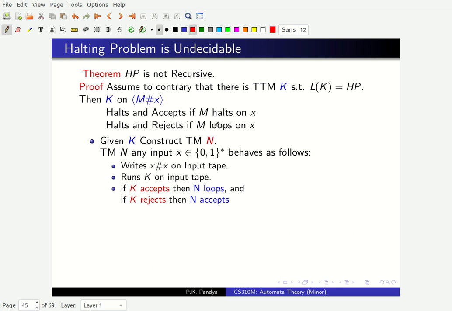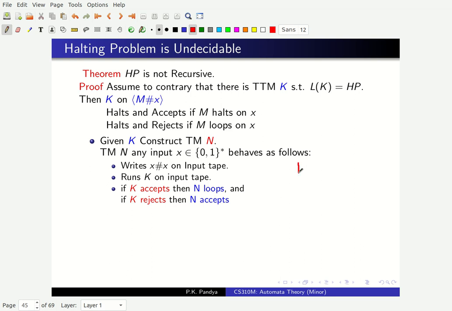In the first phase, Turing machine N will take some x as input on its input tape, right? It will be given some x on its input tape. What will N do? In phase 1, it will first take this x, put a separator symbol hash, and make another copy of x.